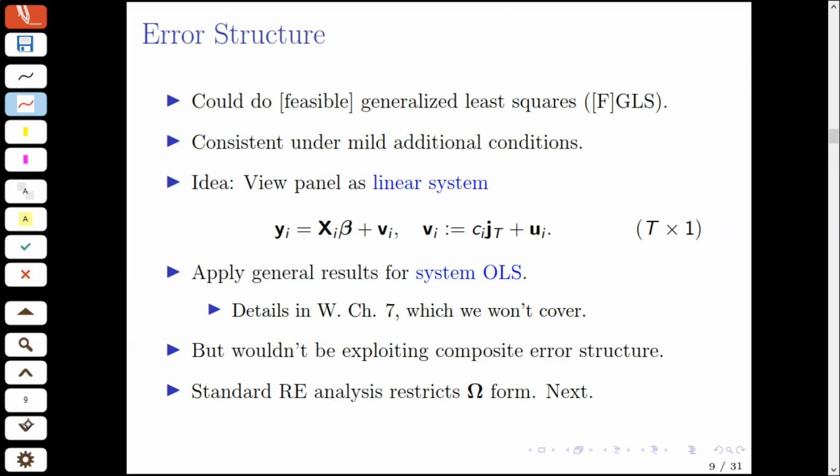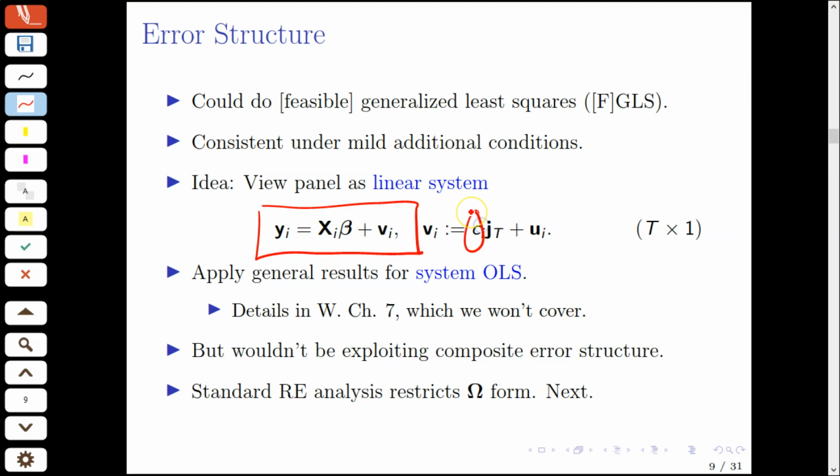The idea here of the generalized least squares approach, or GLS approach, or its feasible version, is to stack the observations over time for a given individual, thus creating a linear system of T equations. Here I've explicitly written out the vector v_i as the sum of two parts.